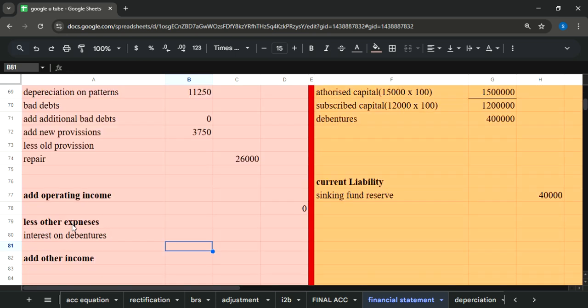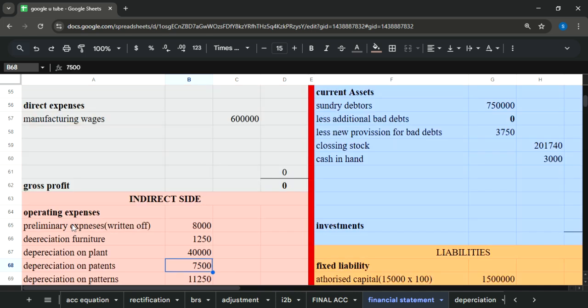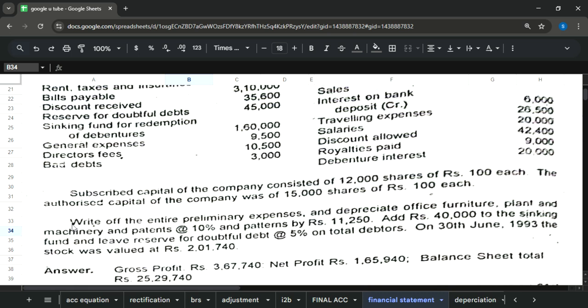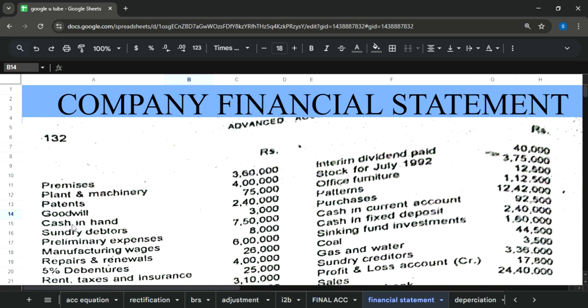So let's calculate. 4 lakh was the total amount, multiplied by 5, divided by 100. So we have got interest on debentures 20,000. Let's get back. Now we will check if there is interest on debentures mentioned in these items, and we will adjust them. After which we have rent.